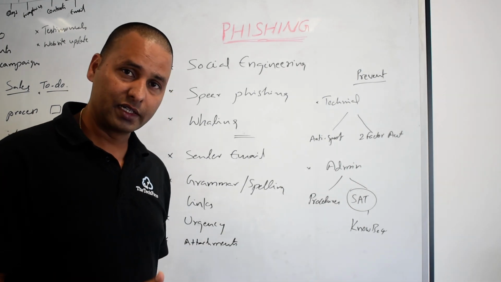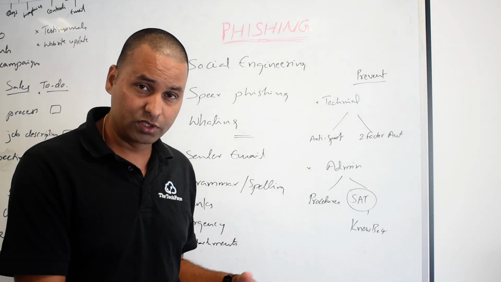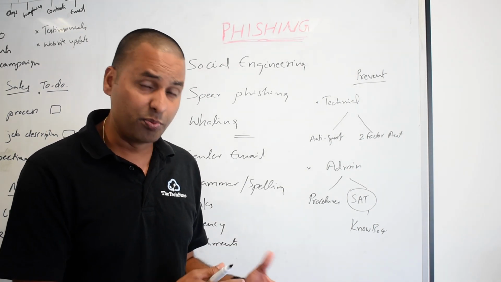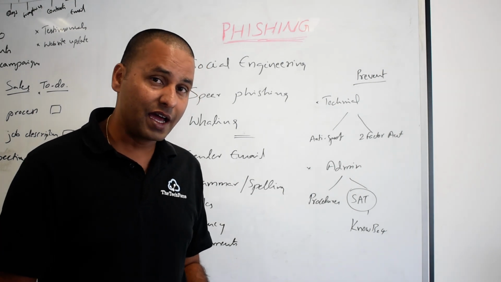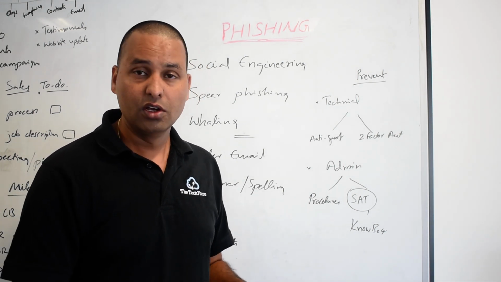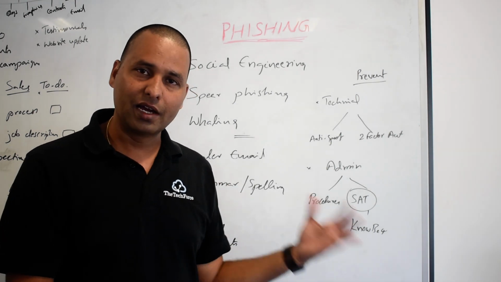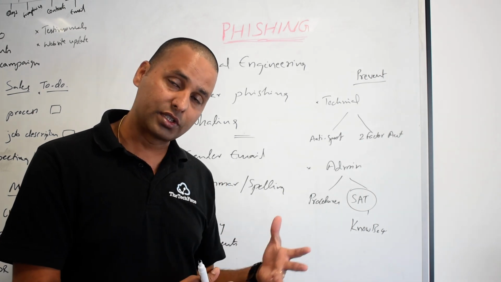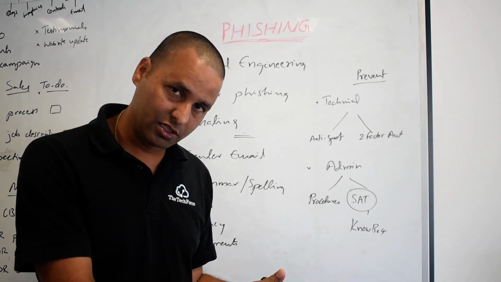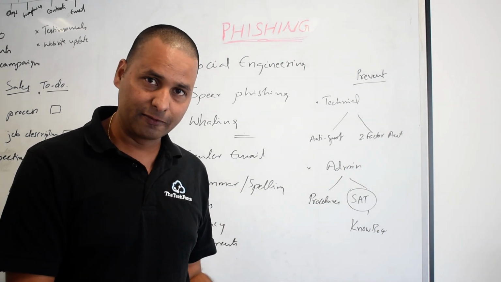You have other types as well: voice phishing, which is called vishing, and smishing, which is SMS phishing. You may have received a text saying you need to verify your PayPal account details, or you have support available from the government, click on this link. Those SMS messages are the best examples of smishing.